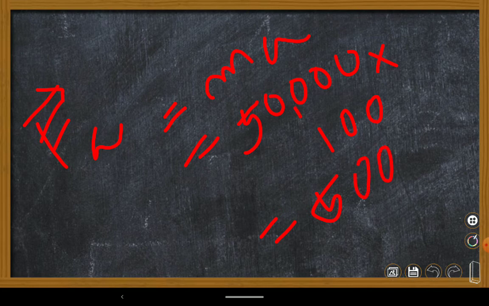And for the force of the aeroplane, it is the same, mass times acceleration. We have the airplane's mass as 50,000 into the acceleration we got as 100, so the force of the airplane becomes 5 lakh Newton.